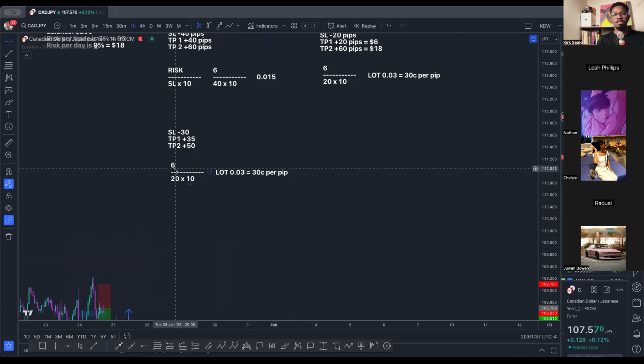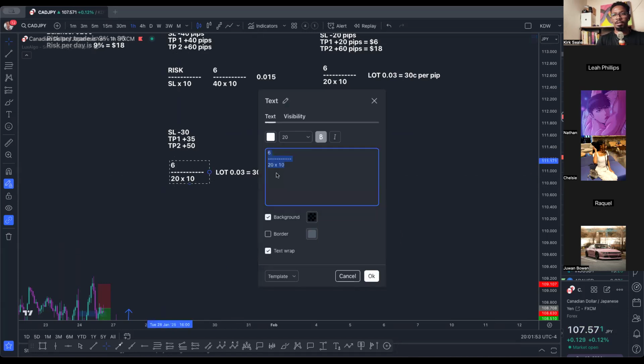All right. So for this, we know that our risk is, actually, let me know. When you use the calculation, let me know what your lot size ended up being.